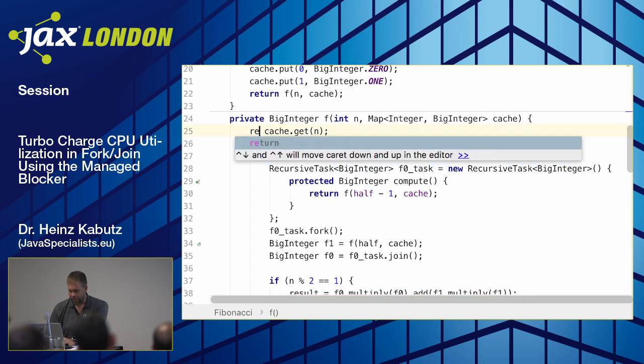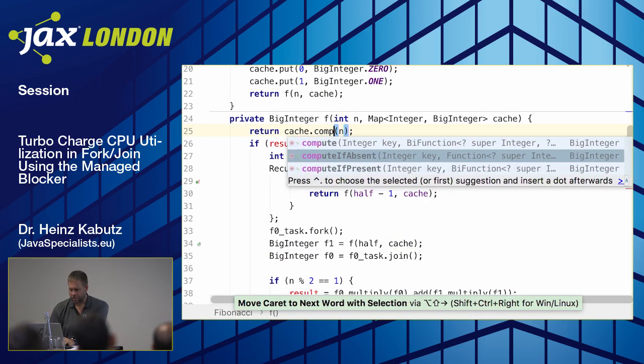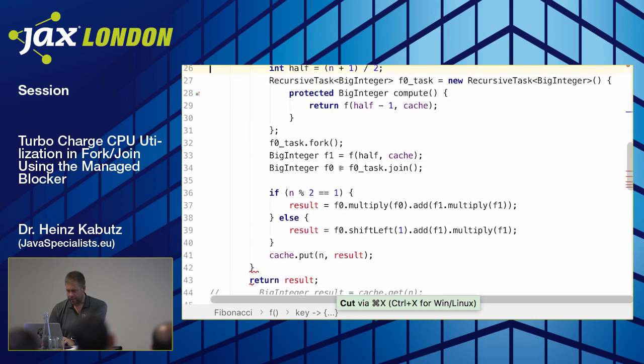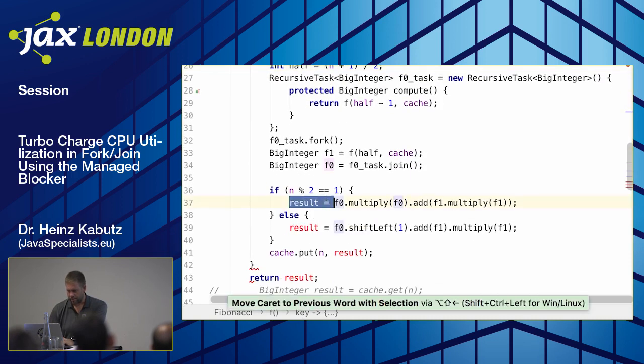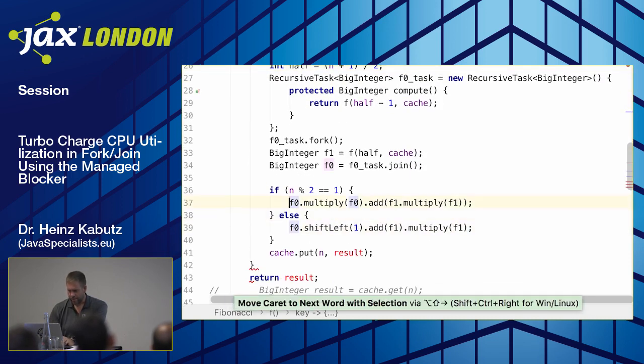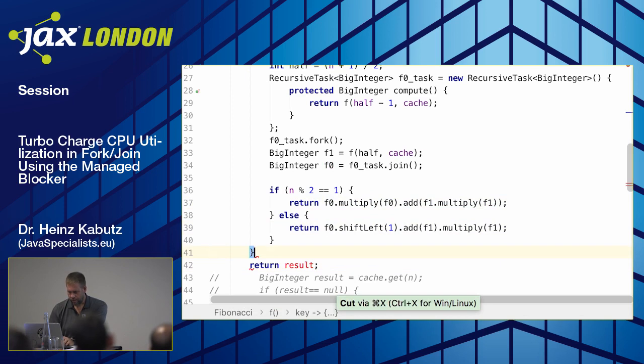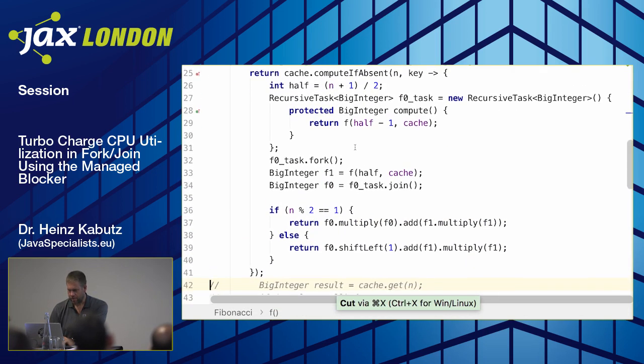You can simply say return cache.computeIfAbsent, and I pass in a lambda which takes a key, which we don't actually need to use, and it then does this calculation and does the cache put for us. So we just say return, and that's all we do. So this is the computeIfAbsent.